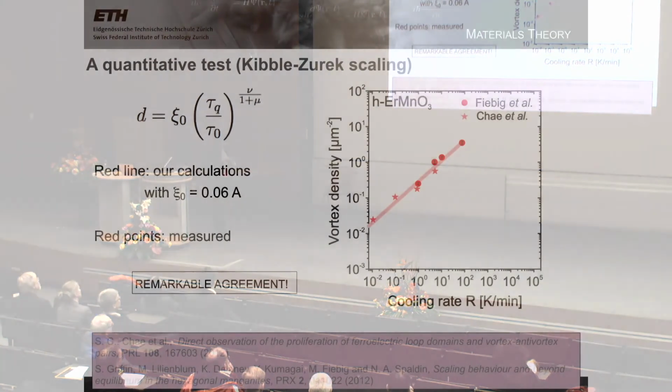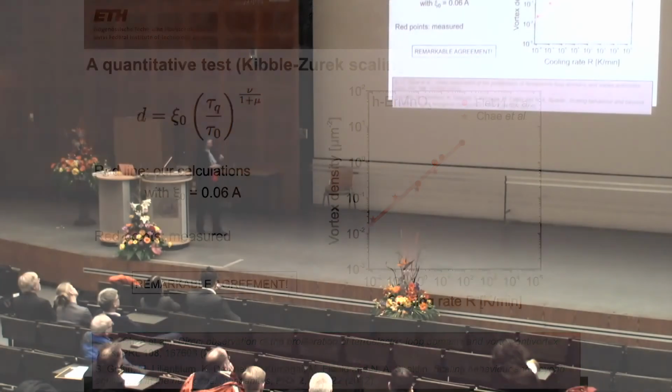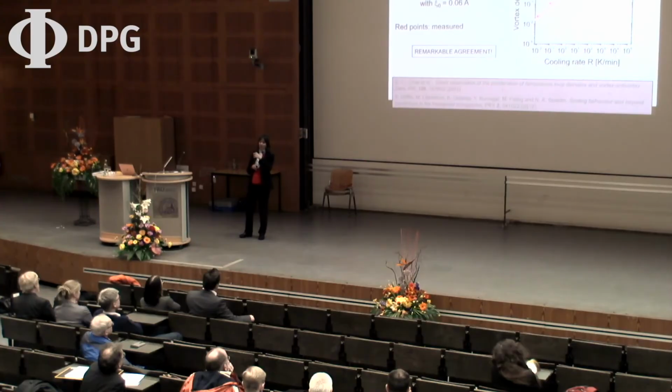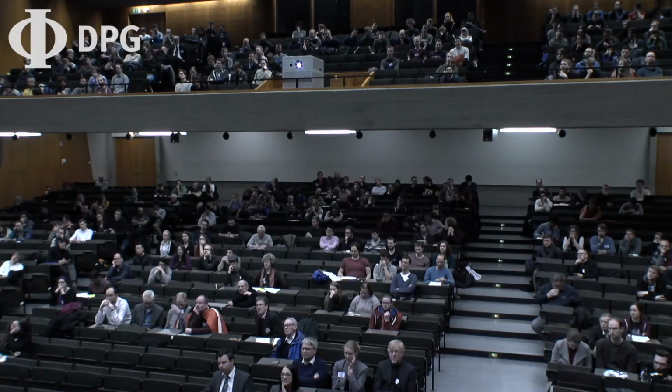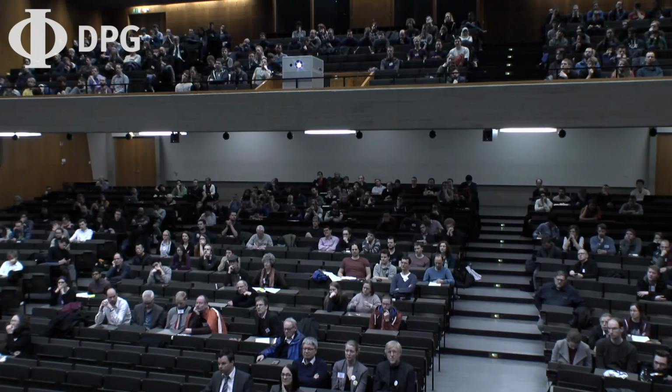And so we did that, of course, and I don't have time to go into the details of this, but there was actually a really quantitative prediction of the domain size as a function of tau q here, which includes the cooling rate and a bunch of constants and parameters. So one doesn't have to just look at whether one gets more or fewer defects formed. One can actually make a guess quantitatively whether the scaling behaves as predicted.